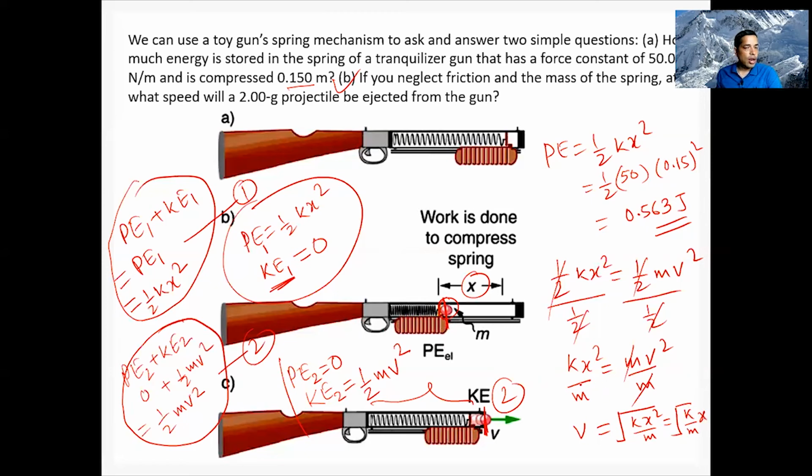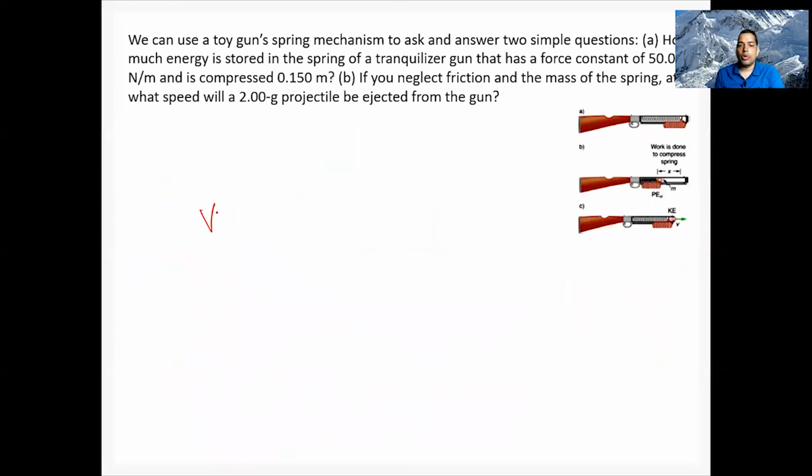Now you can simply plug in the values of k, m, and x. So v equals... k is how much? k is 50. m is how much?